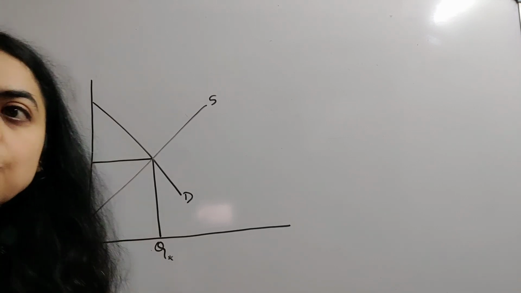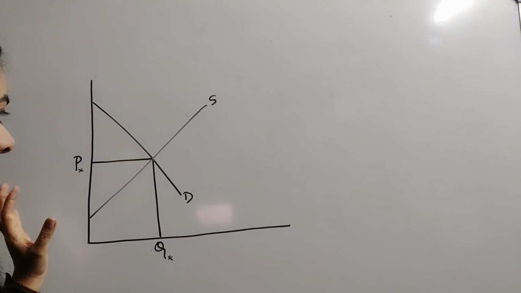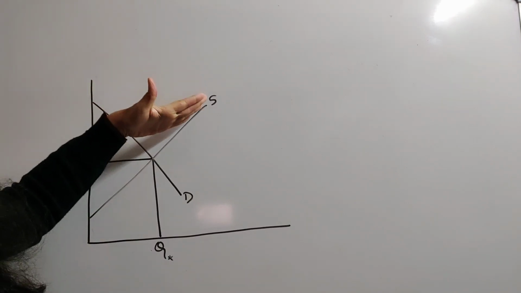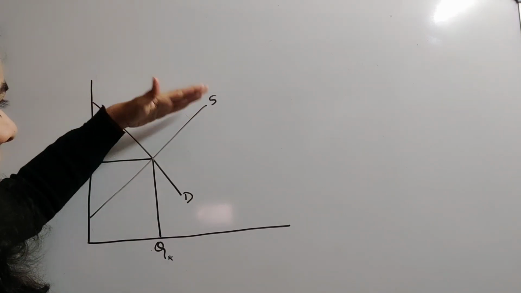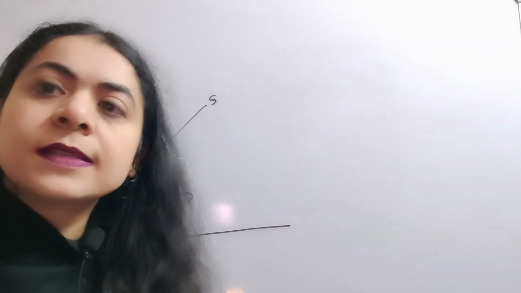Now let's assume that the government imposes a specific tax. In case of a specific tax, the supply curve will shift leftwards or upwards by the amount of tax, because a specific tax is a fixed tax imposed on per unit of output. So a fixed amount will be charged on per unit of output.